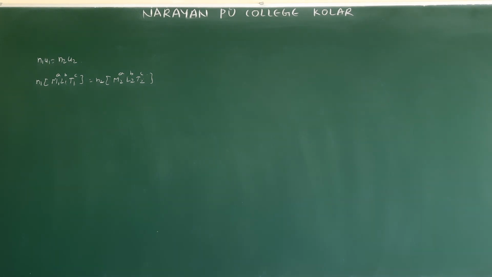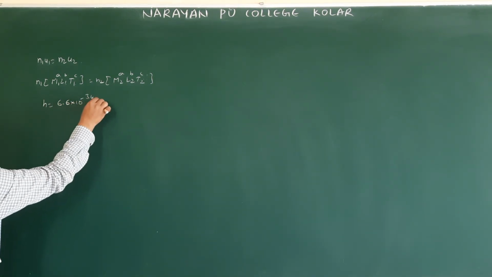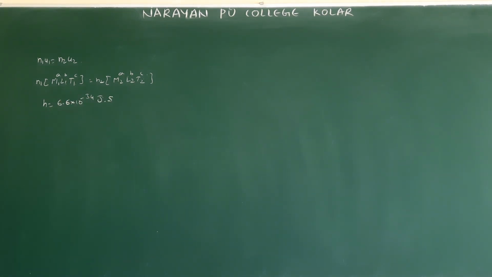Here they give a small problem. H is equal to 6.6 into 10 power minus 34 joule second. They ask to convert this from SI units into CGS units.